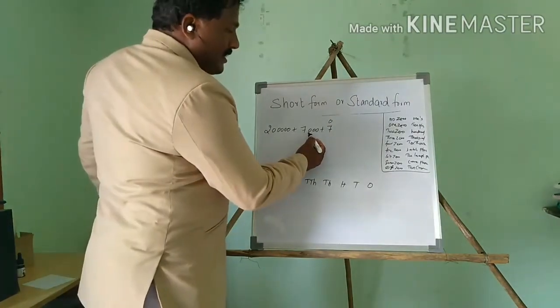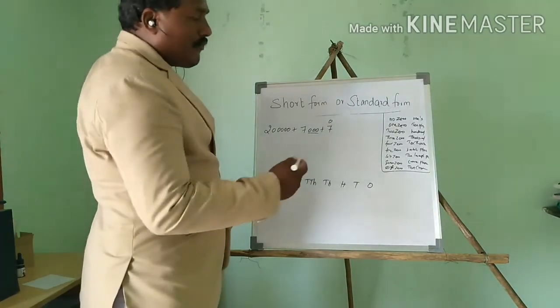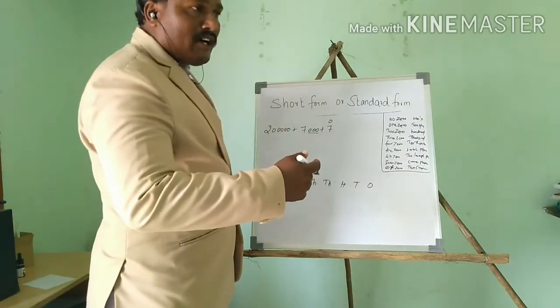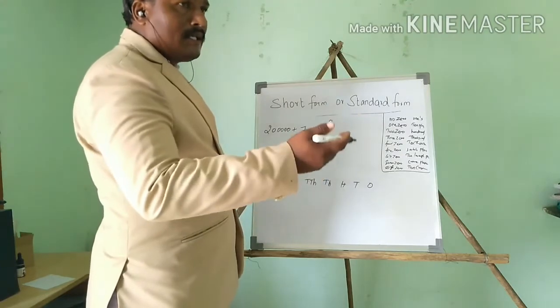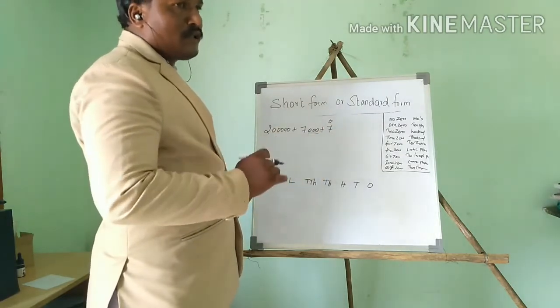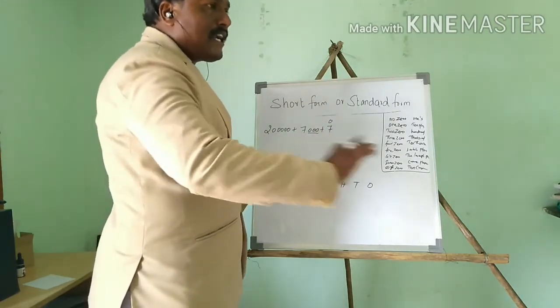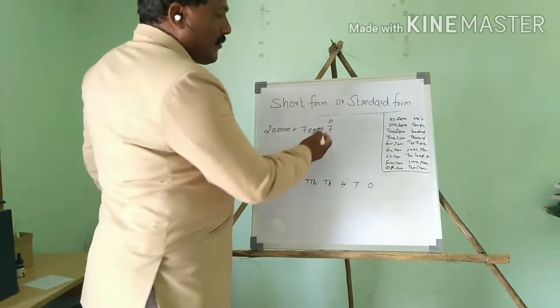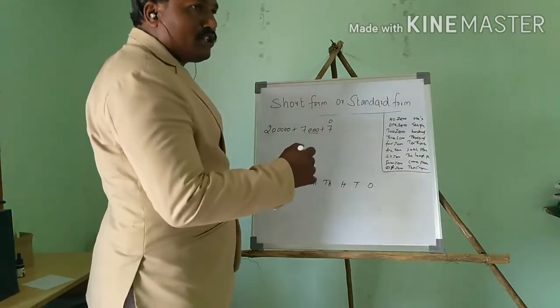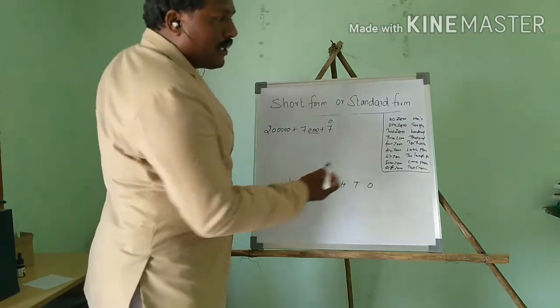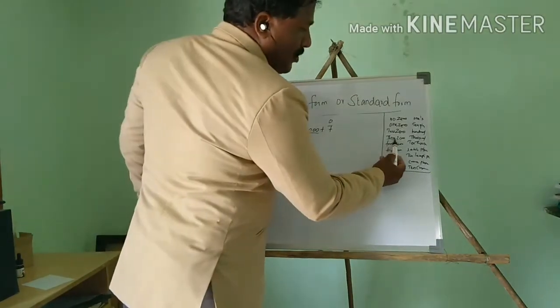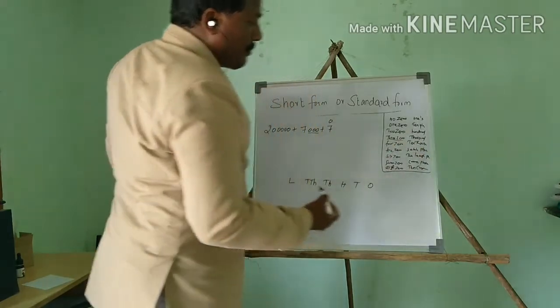As per the place chart, no 0, 10, 20, 30, 40, 50. This is the standard format. But here 10, 20 are missing. So what is there? Only 30. In this table, 30 means what is the place value? 1000 place value.